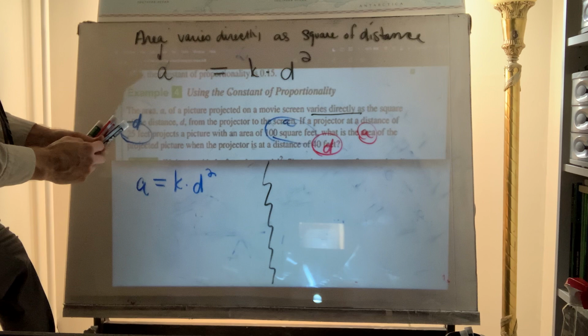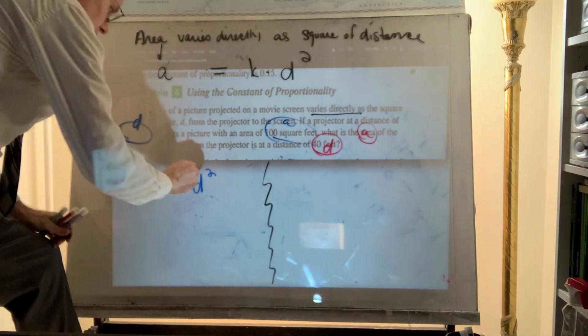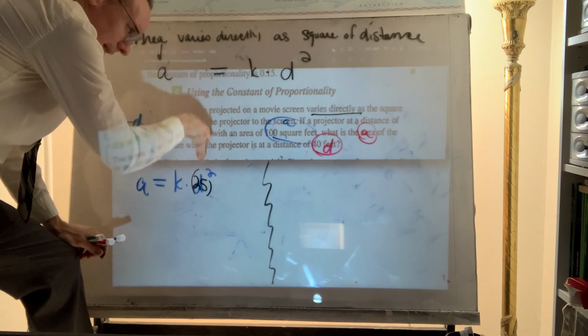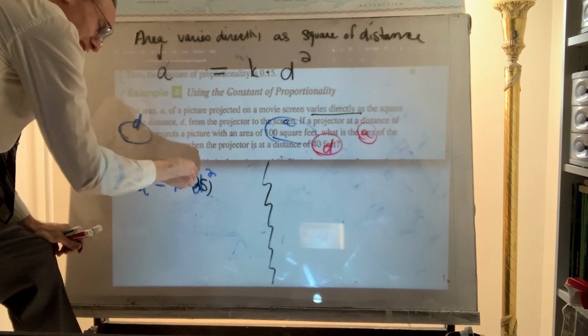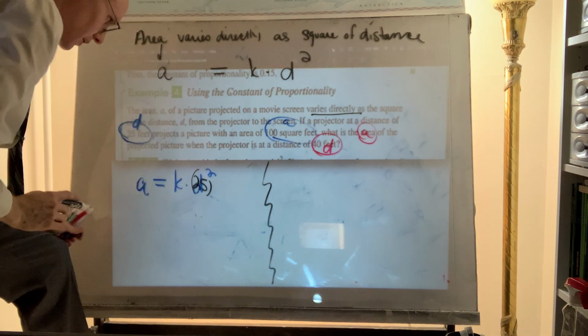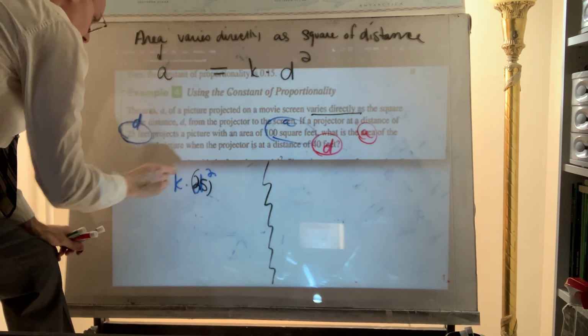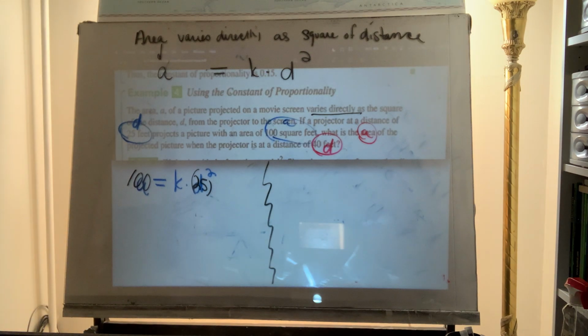If a projector at a distance of 25 feet, I'm going to squeak 25 in here, and I really should put a little parentheses, like a pocket that I'm filling in. This is a good habit, because sometimes you have negative numbers that would also be affected by a square. Projects a picture with an area of 100 square feet, so I'm going to put 100 in here.